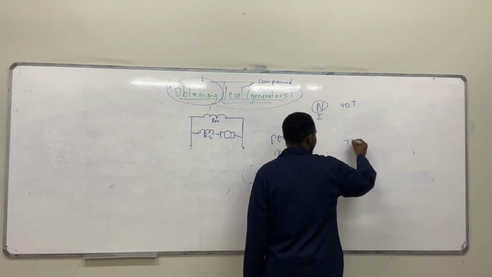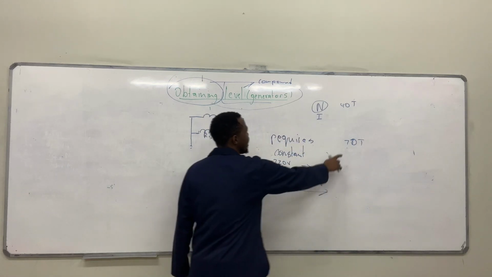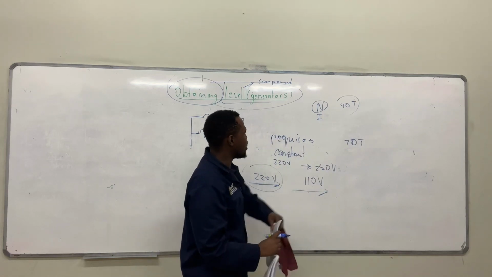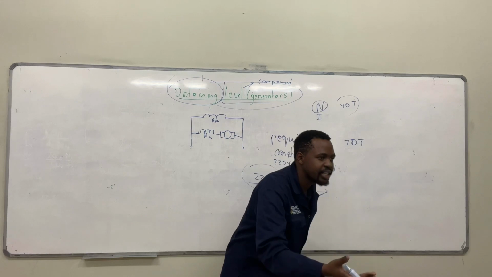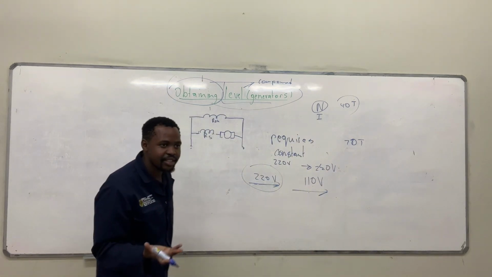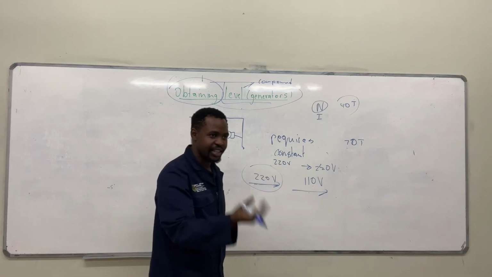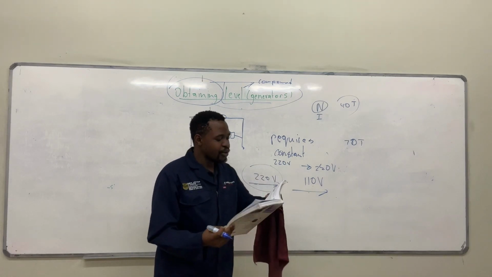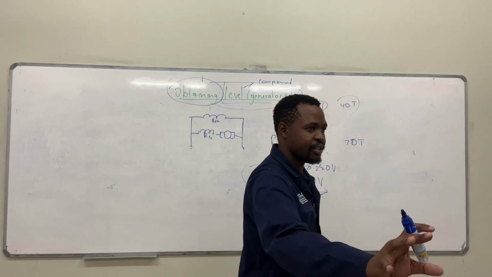Let's say 70 turns. I'm making an example. Instead of buying the one that is required, of 40 turns, there is another option that you can what? Decrease what? Current. Good. Decrease current. Yiloo nto ithi ke ngoku you will find that you have winding already in what? Stock. Yes.